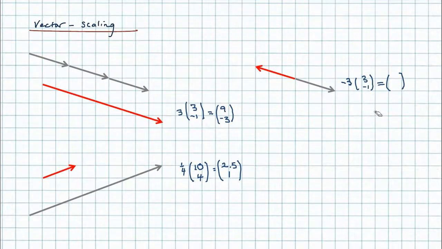So -3 times 3 is going to give me -9, and -3 times -1 is going to give me a positive 3. So my resultant vector is going to be -9, 3, which we can draw along here.